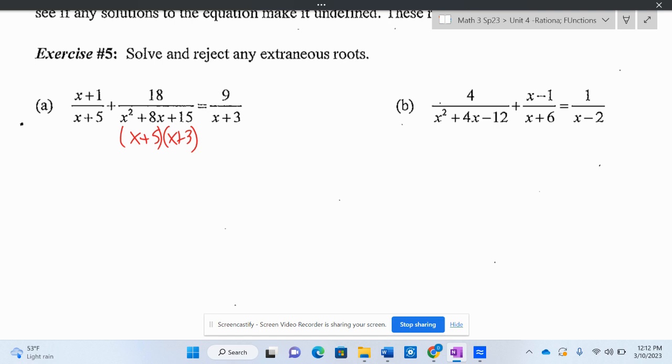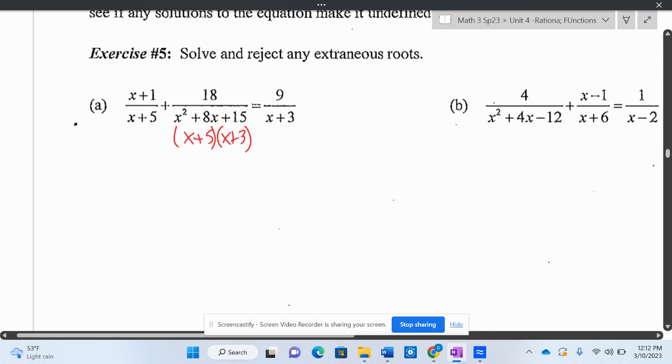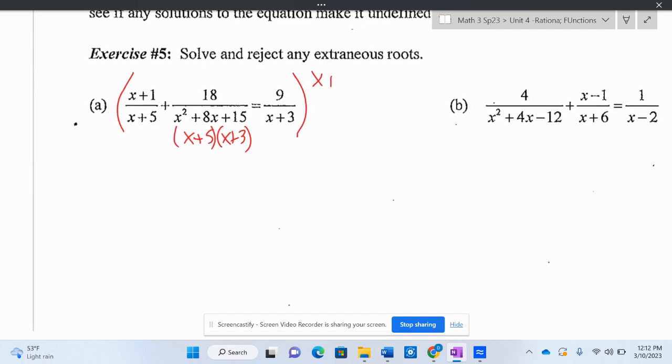Yeah, because you see that that would let the x plus 5 cancel out on the left and the x plus 3 cancel out on the right. So I'm going to leave it in its factored form, and we're going to multiply both sides by x plus 5 times x plus 3.